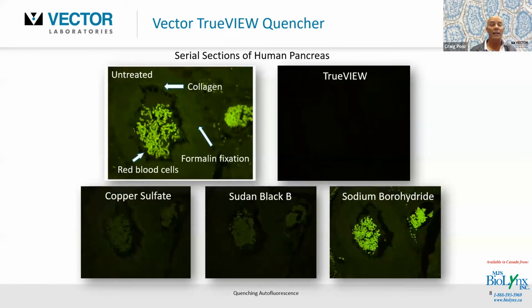So again, going back to this original image I showed you, it's been problematic with the red blood cells, these other cellular components, and the autofluorescence due to aldehyde fixation. Here's the copper sulfate, a quenching reagent that's been used, the ink-based reagent, and the sodium borohydride. This, believe it or not, is actually an adjacent section of human pancreas treated with TrueView.